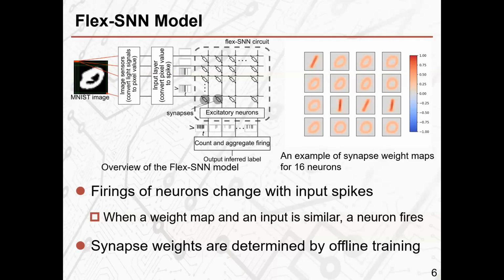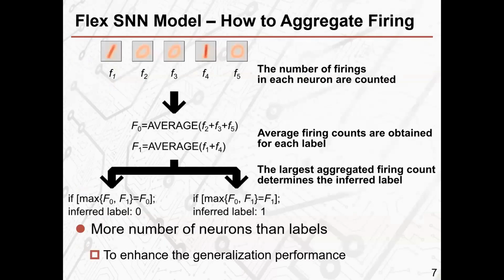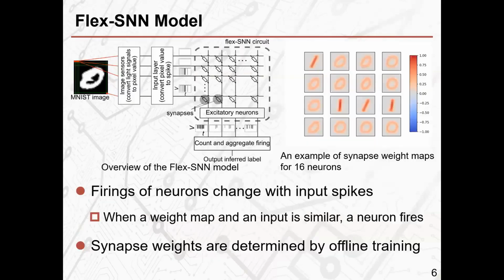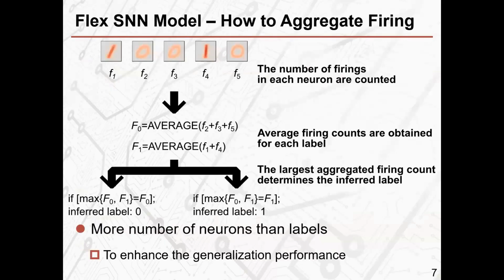And synapse weights here are determined by offline training using a combination of the spike timing dependent plasticity rule and a winner-take-all manner. And here I show how to aggregate firings. As I mentioned, the synapse matrix weights for each neuron are different from each other, so the firing counts are also different.